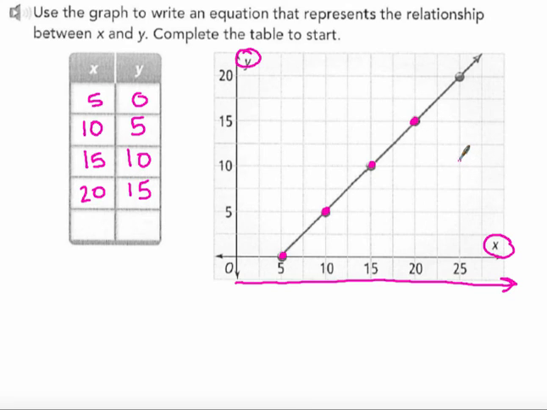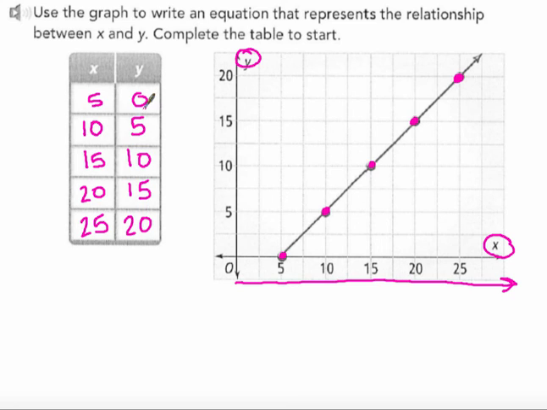And my last one is over 25, and it looks like it is up 20. I used my graph, and I read what the dots were, and I filled in my table. So now let's see if we can write an equation based on our table. I need to go from a 5 to a 0. Well, I can divide 5 by 5 to get 1.